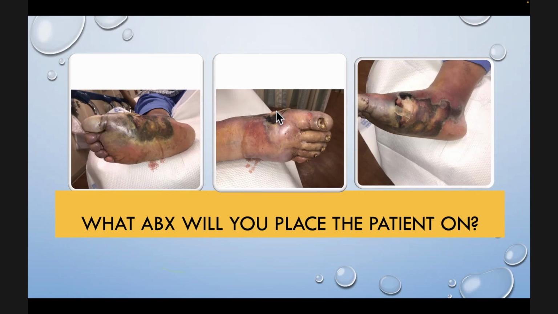Dr. Lopata went over it, right? Which classification? IDSA classification. Infectious Disease classification. No infection.